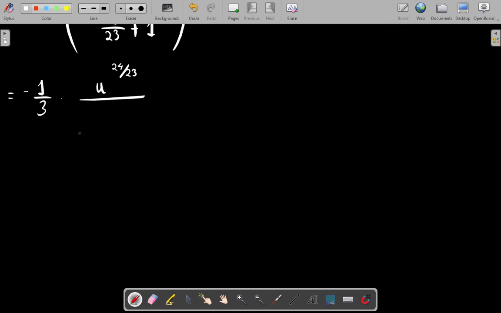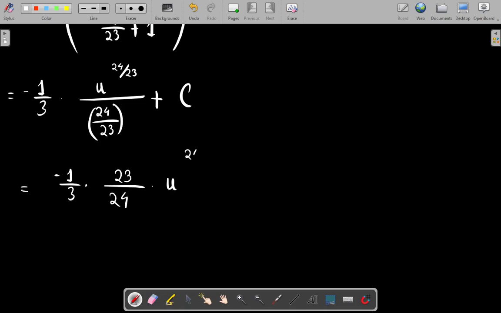And similarly here also it will become 24 by 23 in the denominator, plus c. Okay, so if I change it, this will become minus 1/3 times 23 upon 24 times u raised to the power 24 upon 23 plus c.